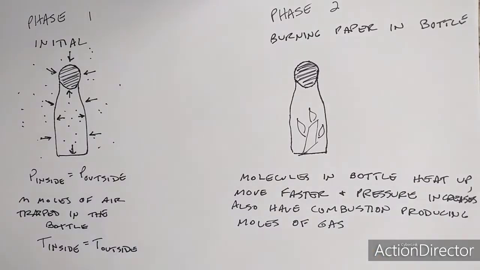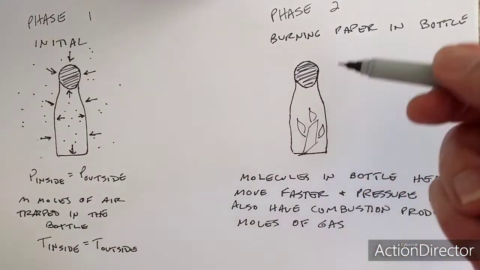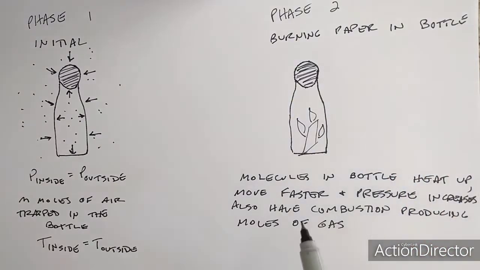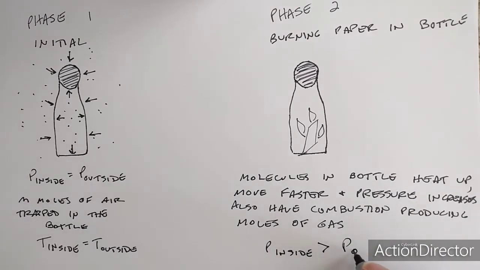At this stage, the pressure inside is greater than the pressure outside, and the number of moles inside is greater than it was before. So the pressure inside becomes greater than the pressure outside of the bottle.